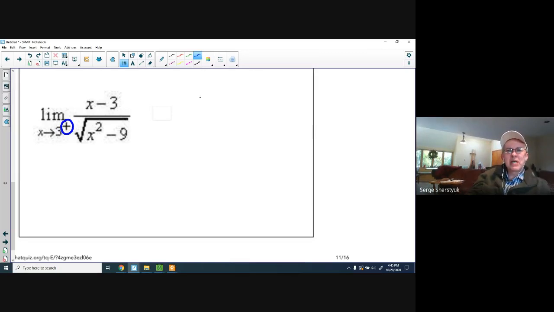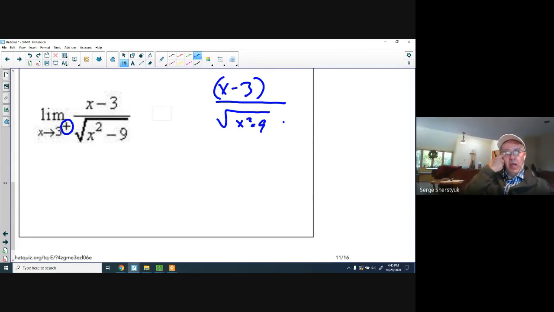So I'm going to multiply top and bottom by the same thing with a plus there. All right, so this is x minus 3. I'm going to multiply top and bottom. So this is going to be x squared minus 9. Oh, that's interesting.